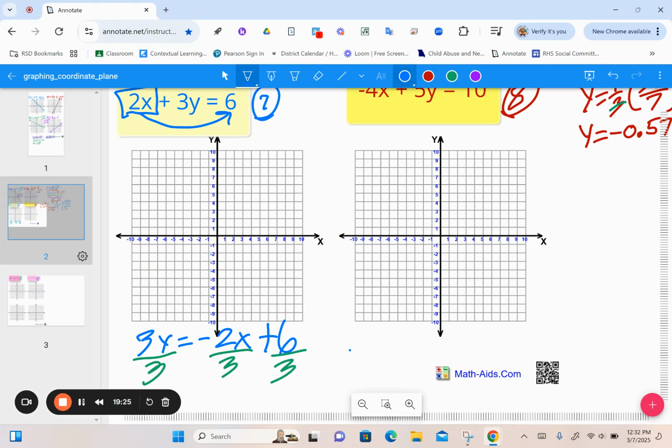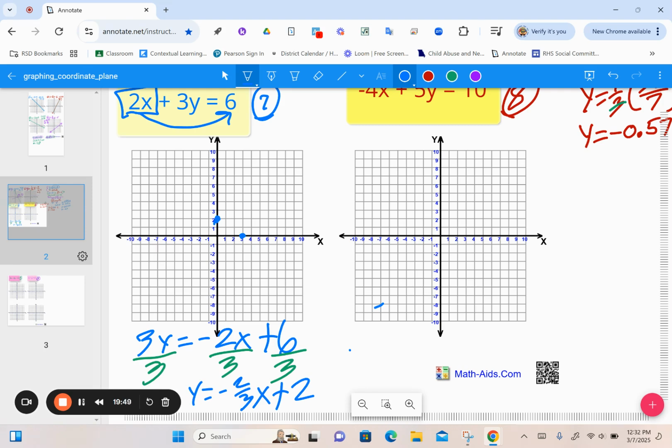And we end up with an equation that we can all graph, y equals negative 2/3 x plus 2. So now we know our b is 2. Now we know our slope is negative 2 over 3, so down 2, right 3. There's our x-intercept and our y-intercept. Right there they are.